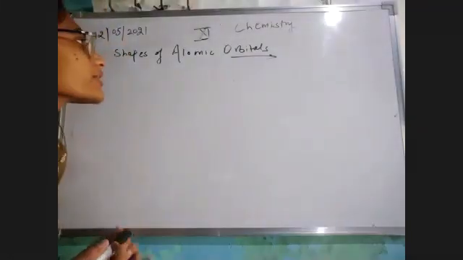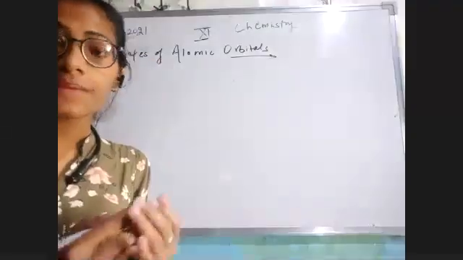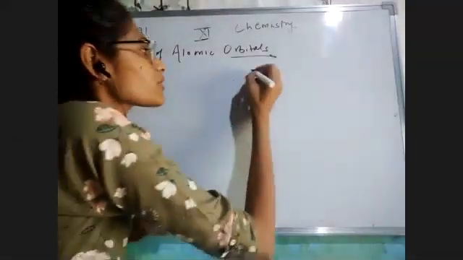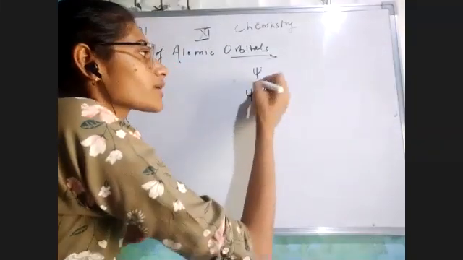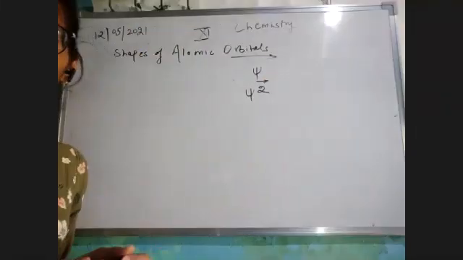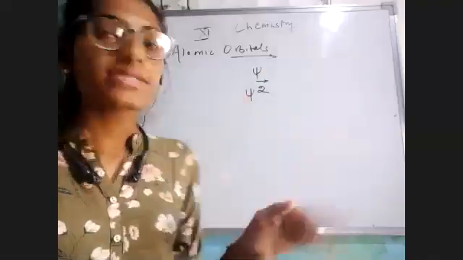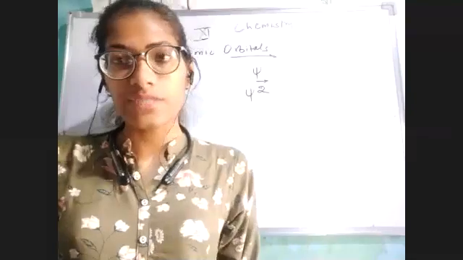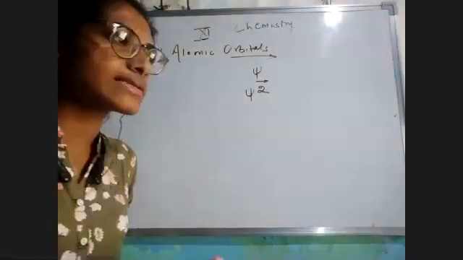Now today we're going to study a new topic, that is the shapes of atomic orbitals. Before going to shapes of atomic orbitals, I have already told you about psi and psi square. In the quantum mechanical model, we have studied what is psi and the physical significance of psi square. I have told you that psi doesn't have any physical significance.